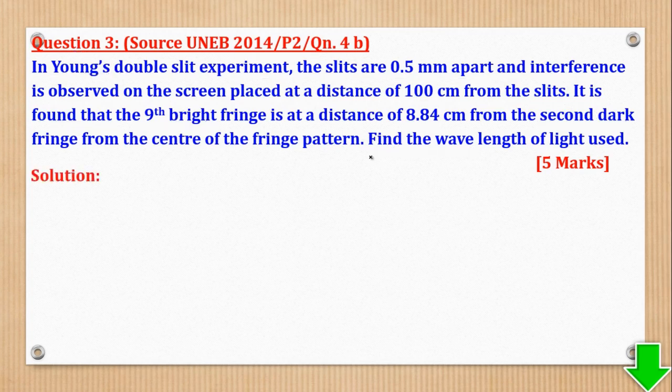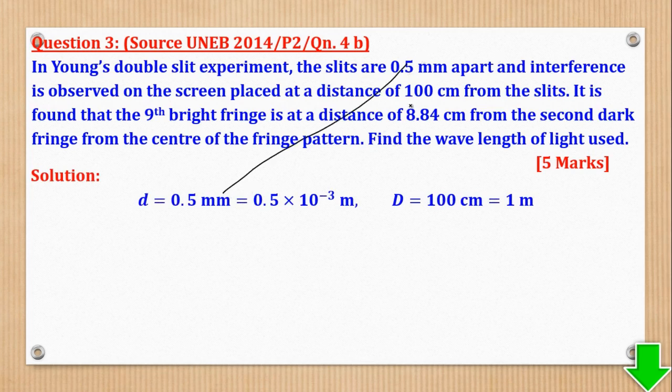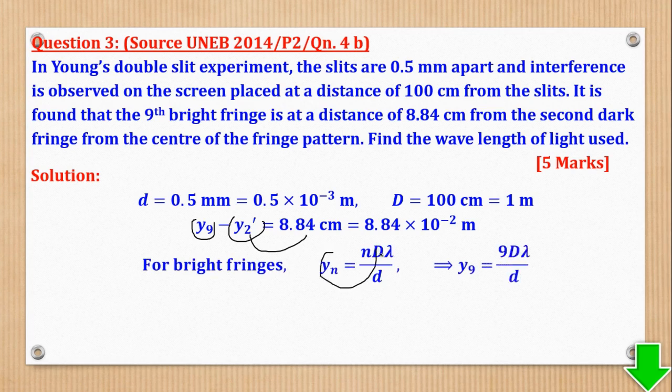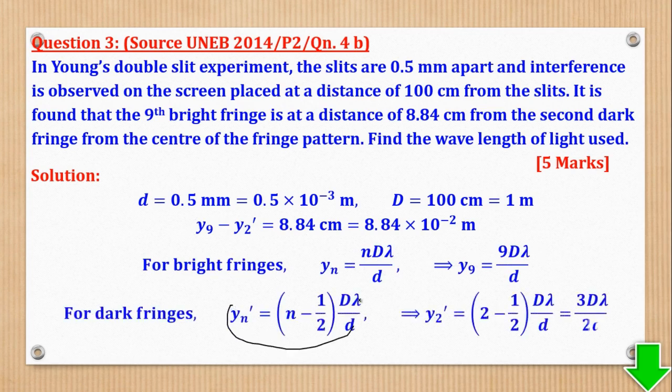So here you need to be aware of the formula for a bright fringe and the one for a dark fringe. So small d is here and capital D is here. And the distance, this is the bright fringe, this is the dark fringe, the distance between the two is that. So for a bright fringe, yn is this, implying that y9 will be given by that formula. Okay. What about for a dark fringe? For a dark fringe, yn is given by that, therefore y2 will be given by this formula.